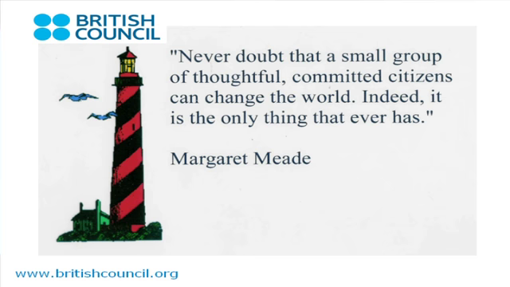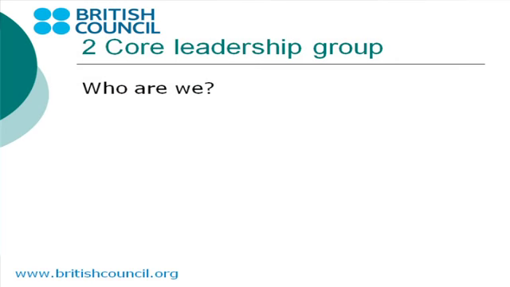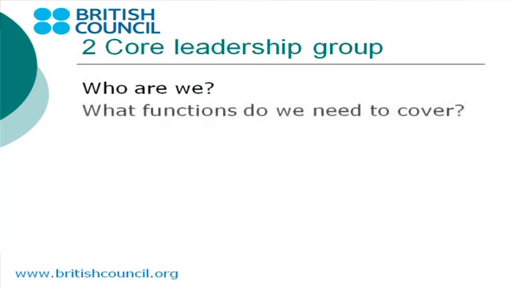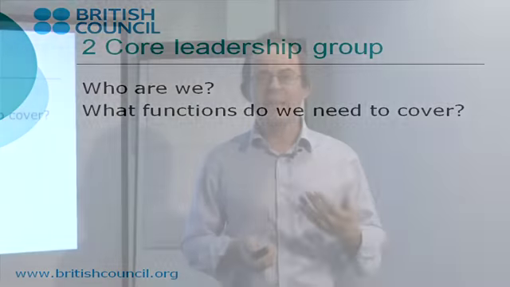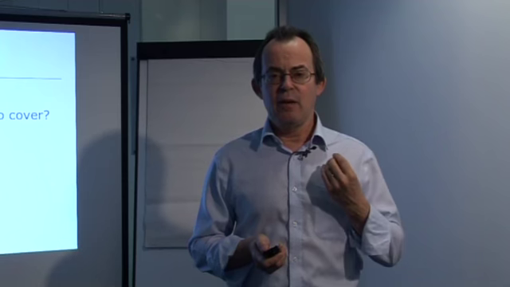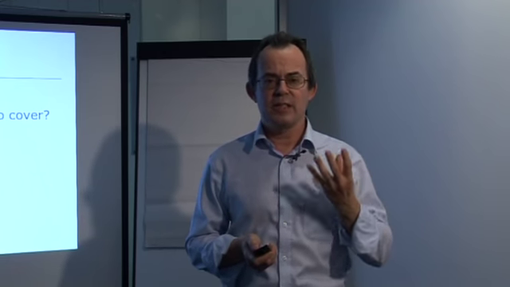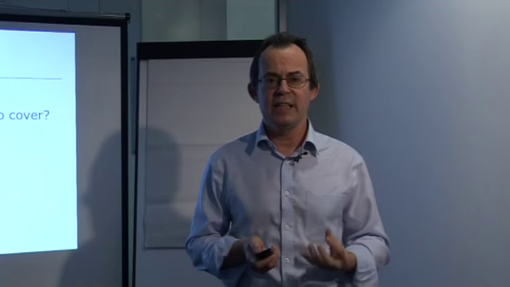The key thing here is that a group of people have a sense of who they are, and there's also a sense of what functions they need to cover. One of the biggest dangers of a branch is that it becomes associated with a single individual. In order to have a fully functioning branch, you need to cover some essential functions.